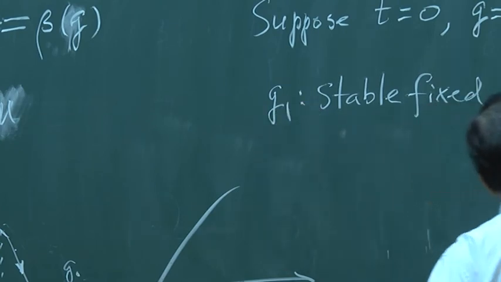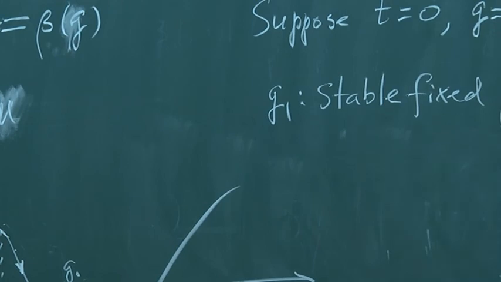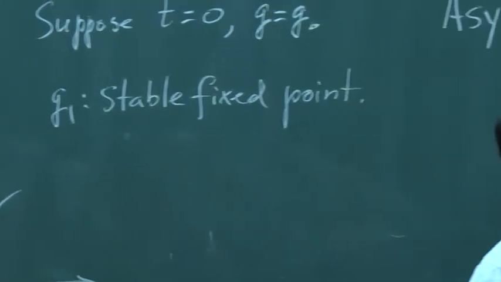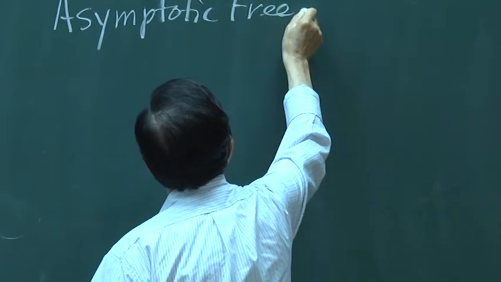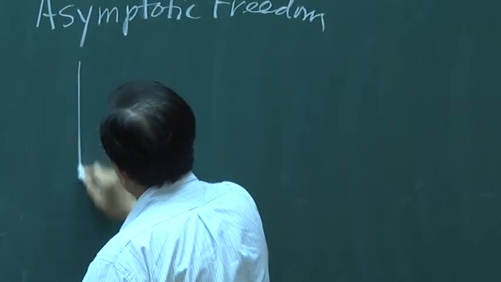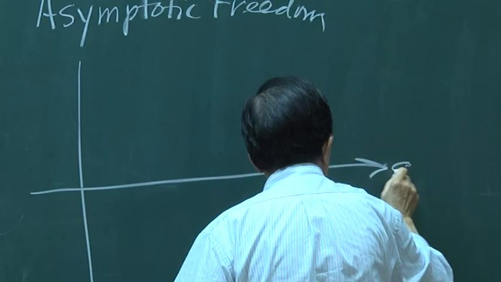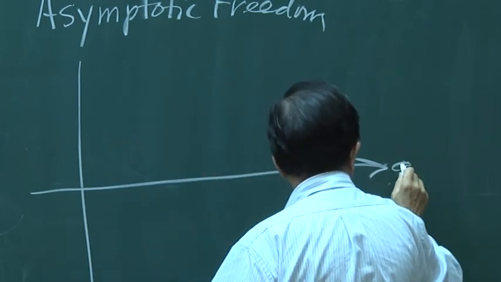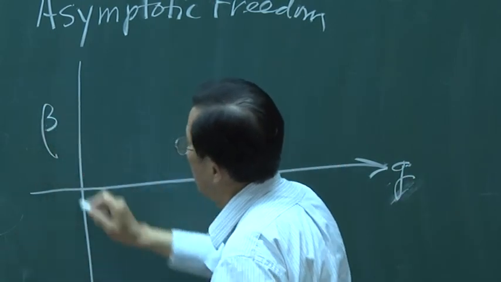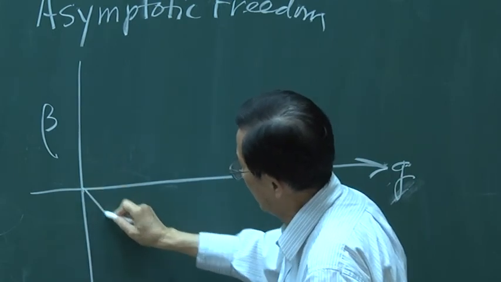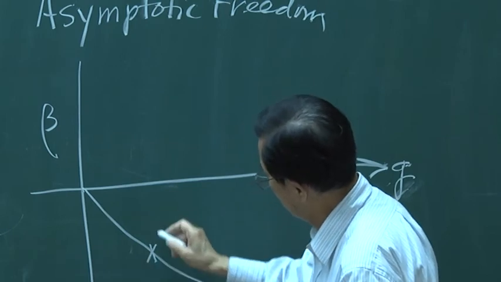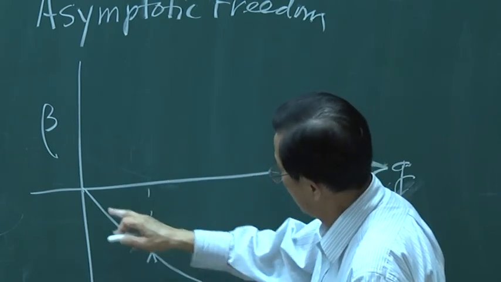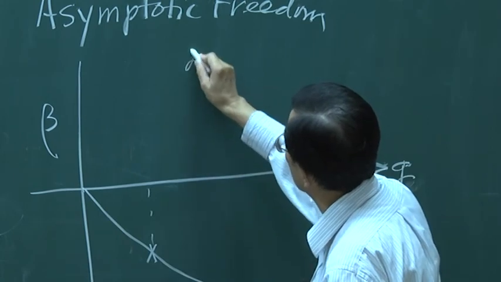Now, what happened to the asymptotic freedom? Well, if you take the beta function like this, and near the origin, the beta function goes like that. Okay? Now you start with a point here, and because beta is negative, let me write down here also.